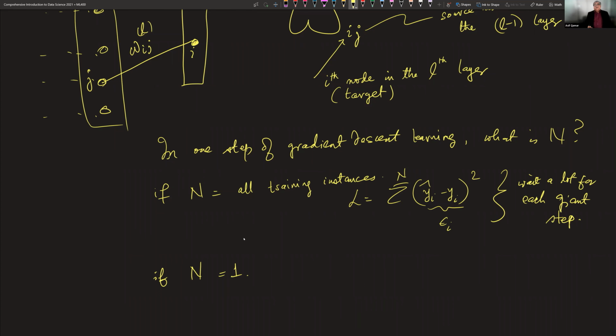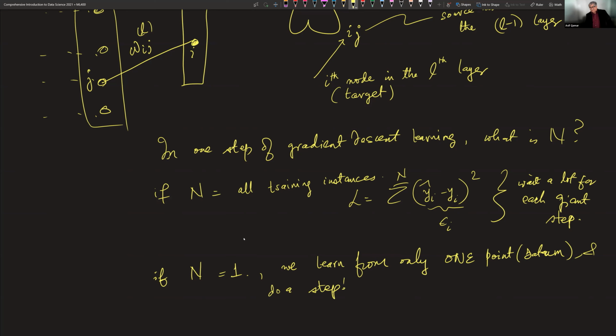The other extreme is you say, you know what, I'm going to take loss from each point, learn from each point. We learn from only one data point, datum, and take a learning step.